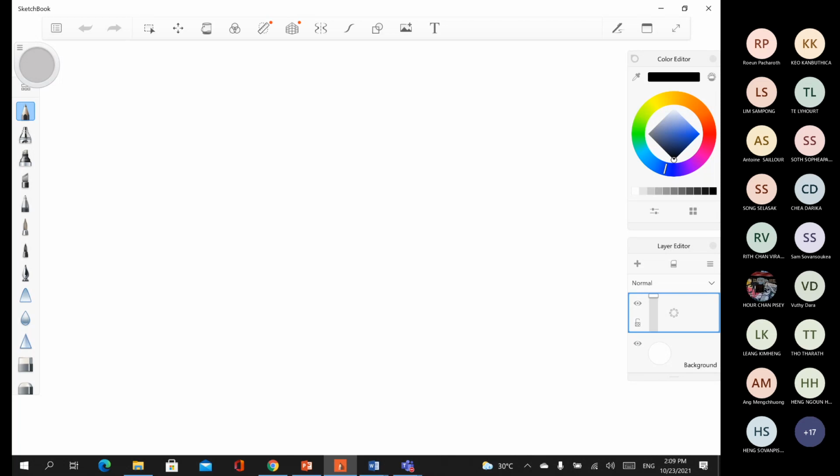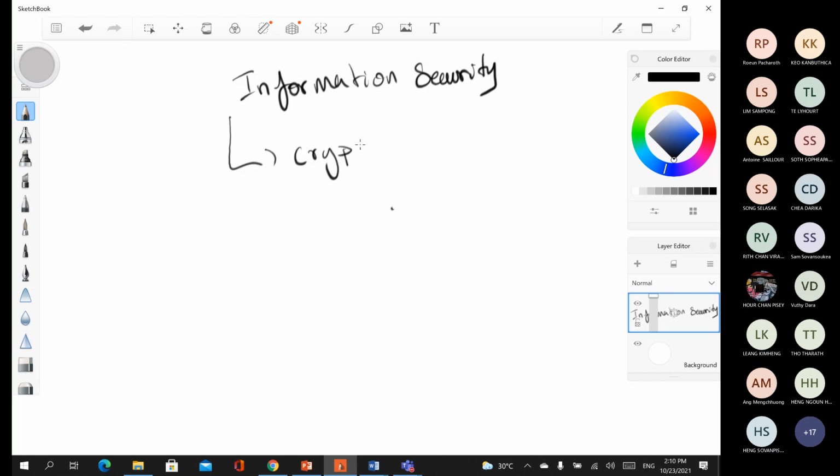For example, I talk about information security. One technique that we can use to provide information security is cryptography.